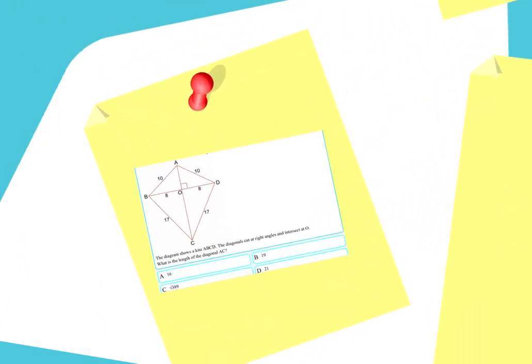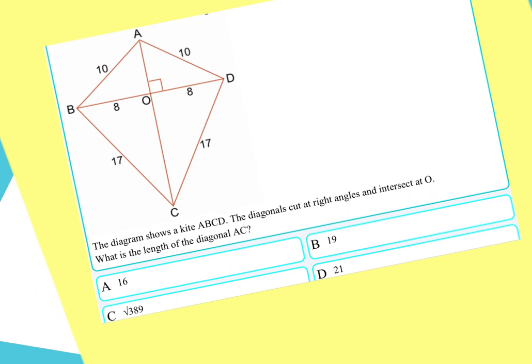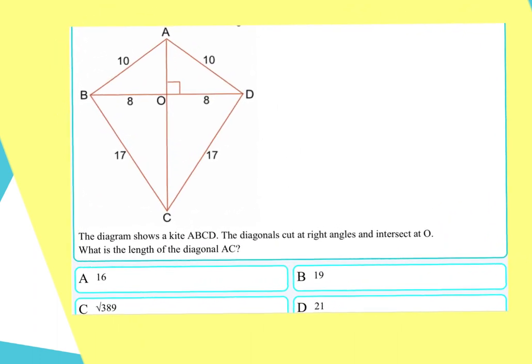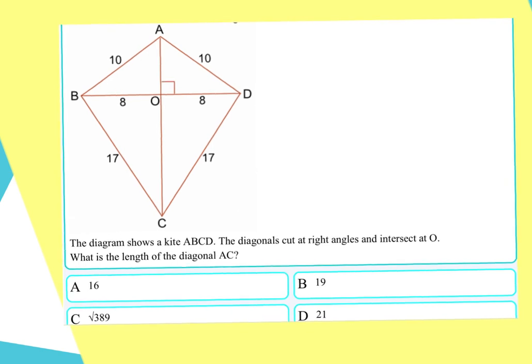Here's another one if anybody wanted to try it. So if you feel up for it, you can go ahead and try this one, and it's just one of those ones where it's saying you have all these sides, but they want you to find the length of AC, which is a little more work because you don't know AO and you don't know OC, but they give you enough information where you could find that.